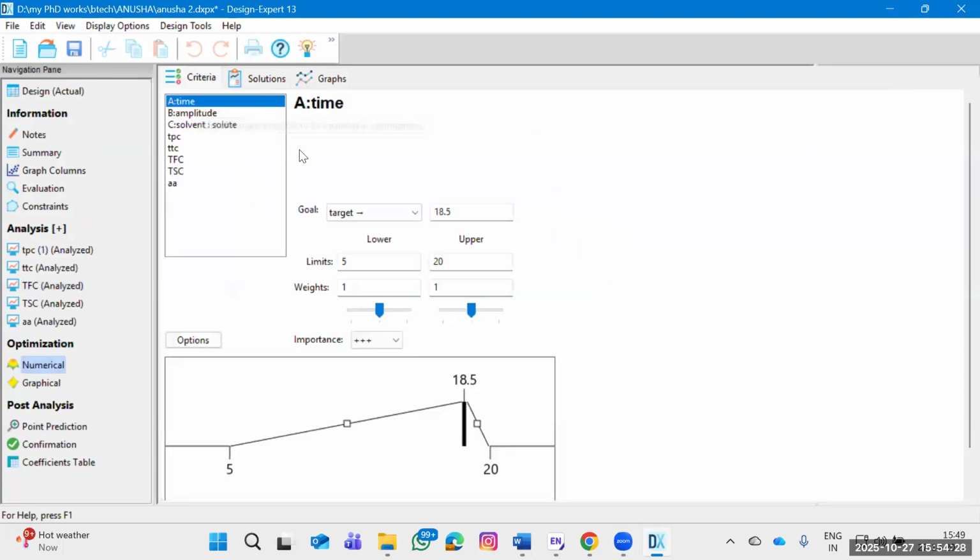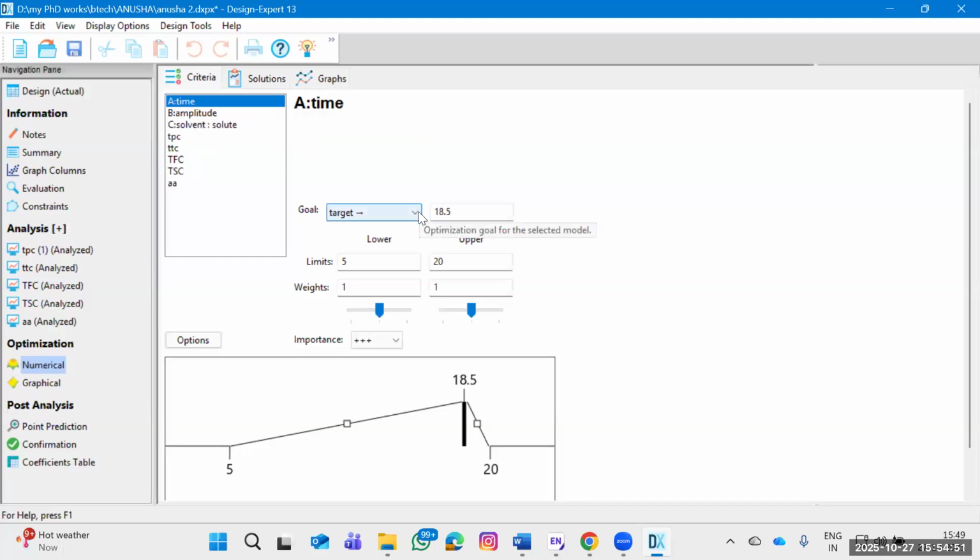Optimization is the step at which point all the responses or variables we have taken for the particular experiment will be maximized as per the requirement. The time independent variable will be kept as per the concern.